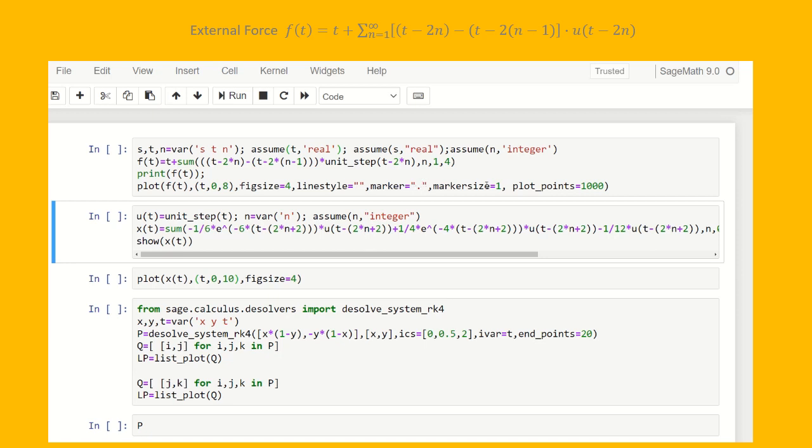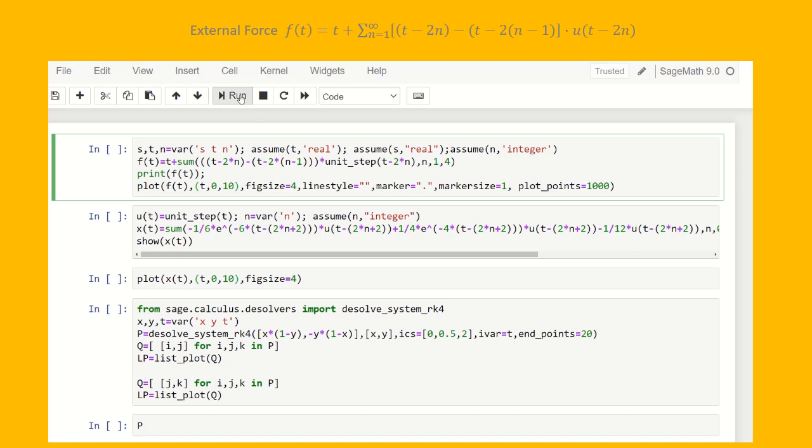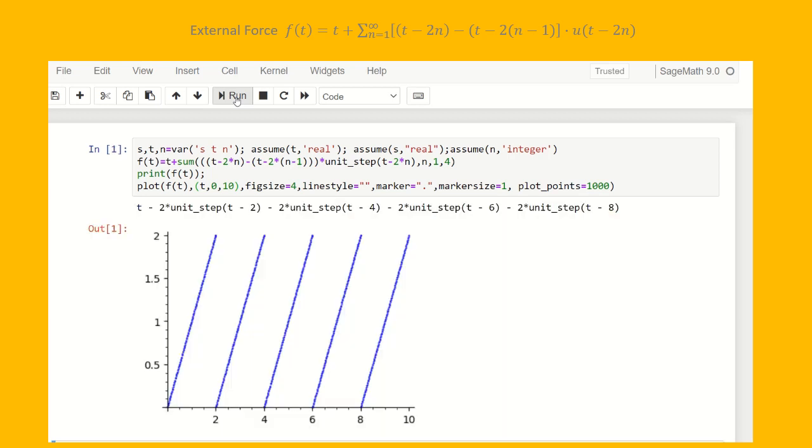The marker size is going to be 1, and the number of points plotted is going to be 1,000. I think I'm going to make one change here, and I'm going to let, in this plot, t go from 0 to 10. So let's run this cell, and it'll take just a little while.